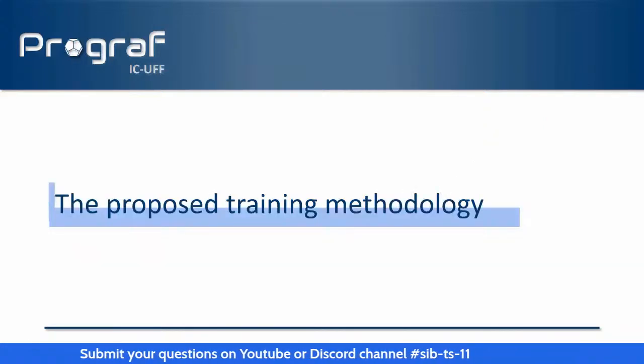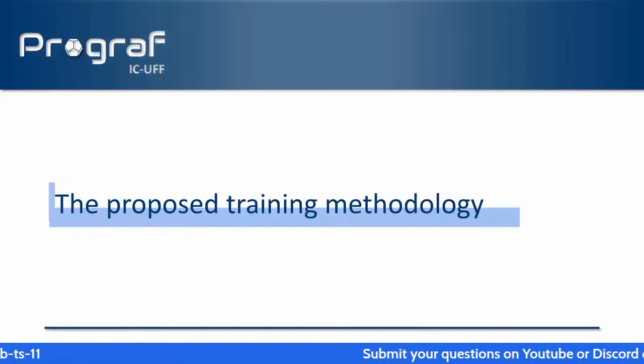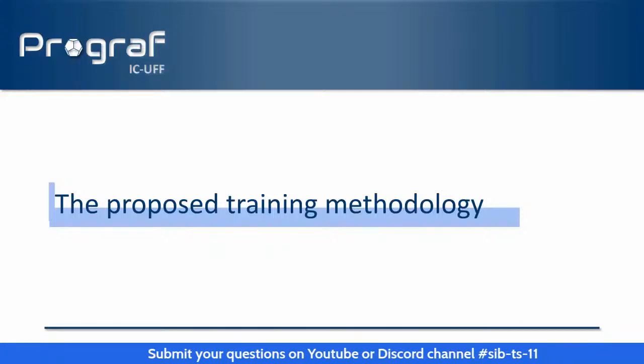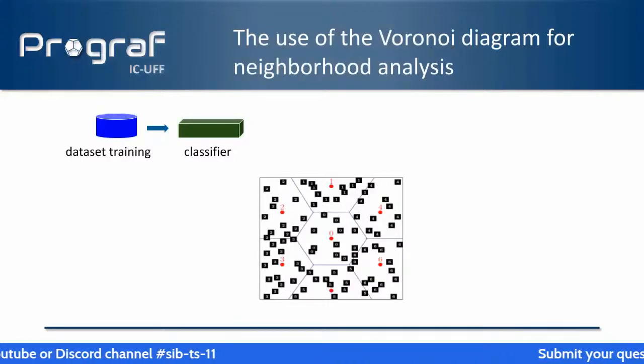Now we will only give a brief introduction on how to use the Voronoi diagram and graph coloring so that we can remove some classes from the dataset to be used as OOD classes. The Voronoi diagram is used to know what the closest neighbors are.